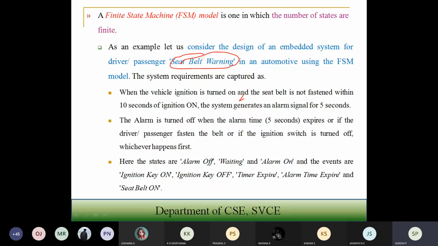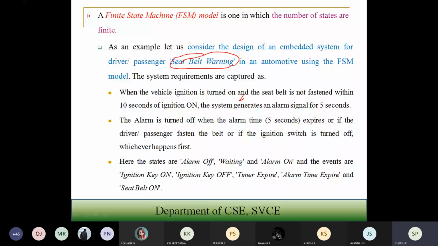That is the older one. According to the older one, it generates the alarm signal for 5 seconds and then switches off, but now it is not like that, right? In whichever seatbelt warning alarm you use now, it will be continuously beeping until you wear the seatbelt. That is what the technology does now. But according to the textbook, if you do not fasten the seatbelt after switching on your vehicle, after 10 seconds the alarm goes on for 5 seconds.